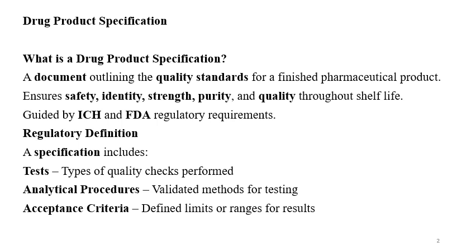Then acceptance criteria is the defined range. For assay, it is like 90% to 110%, or 95% to 105%. Many times for the drug substances, it might be like 98% to 102%. So this is an example of a specification test.